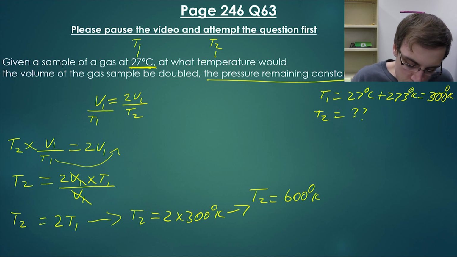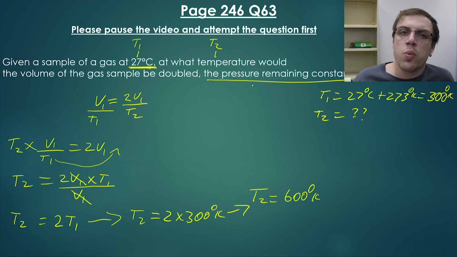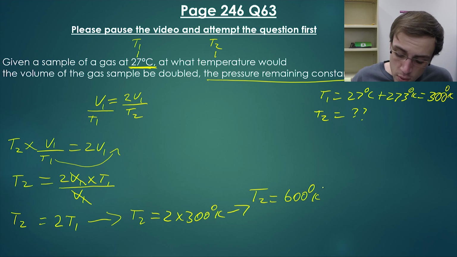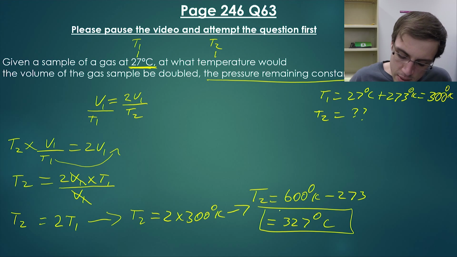Now, we check our question. At what temperature would the volume of the gas sample be doubled? It doesn't tell us which unit we need to put our temperature in, so 600 degrees Kelvin is fine. However, if it did ask for Celsius, we can just subtract 273, and that will give us 327 degrees Celsius.